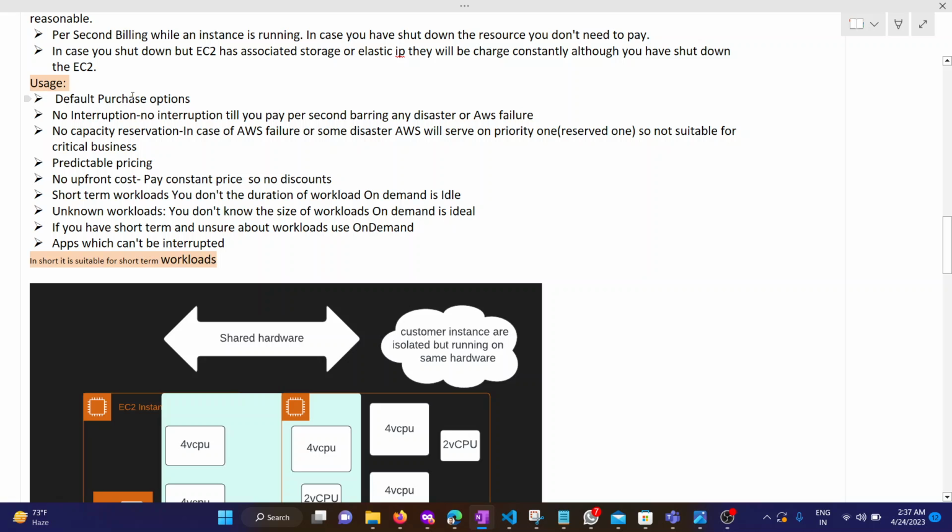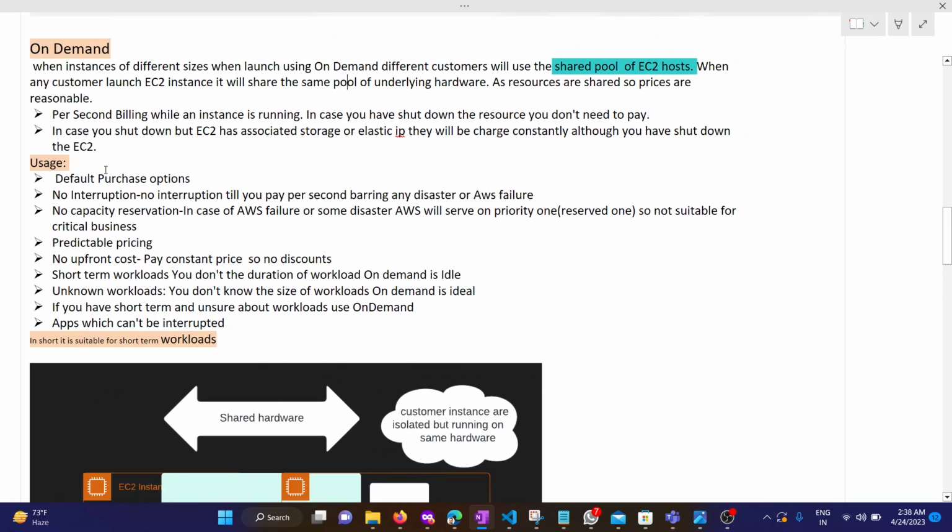Okay, so what are the usage scenarios? First we will see pay per second billing while an instance is running. What it is saying is your EC2 instance charges only occur when that instance is in running state. In case it has been shut down, then you don't need to pay.